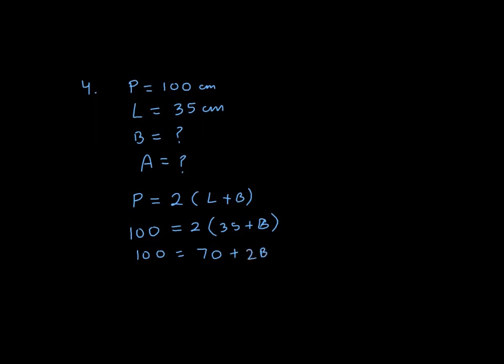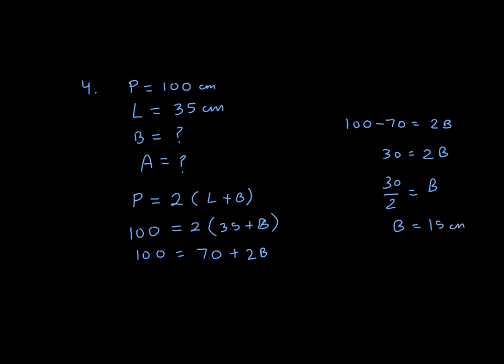If I try to isolate this B, first of all 70 will go to the other side and it will be subtracted from 100, and then we will divide this difference of 30 by 2 to get the value of B. So here B comes out to be 15 centimeter.